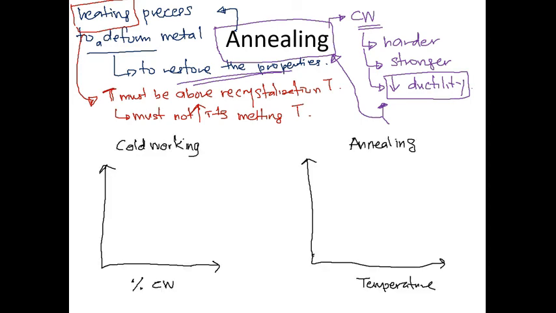So then let's look at these two graphs here. The first graph is the cold working graph, similar to your previous slide. When these particular materials undergo cold working, there will be an increase in hardness.